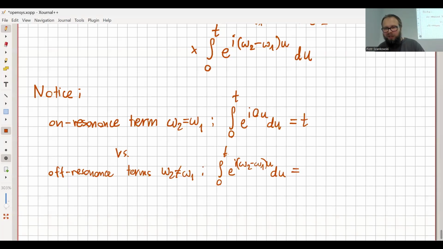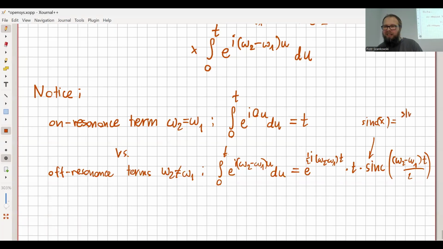One of the forms you can write it in is one half omega 2 minus omega 1 t times sinc of omega 2 minus omega 1 t divided by 2. Sinc function: sinc of x is just sine x minus x.